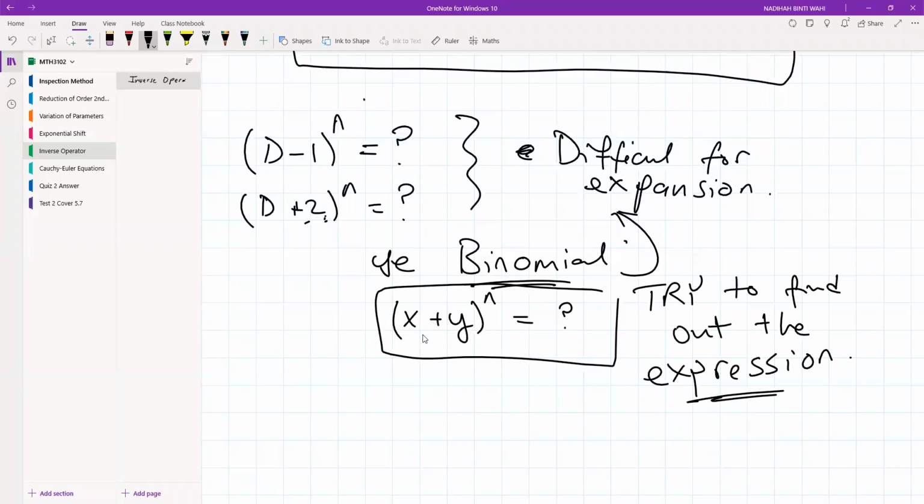Bila dah keluar yang macam ni, awak boleh cari untuk general solution. Contohnya kalau saya ada d minus 1 squared, d squared minus 1 of y sama dengan let's say x. Okay, macam mana nak expand benda ni?